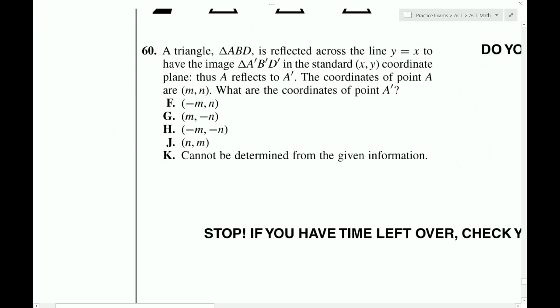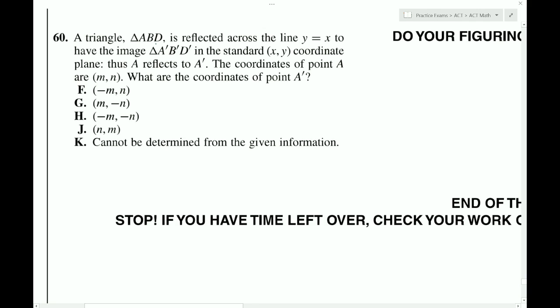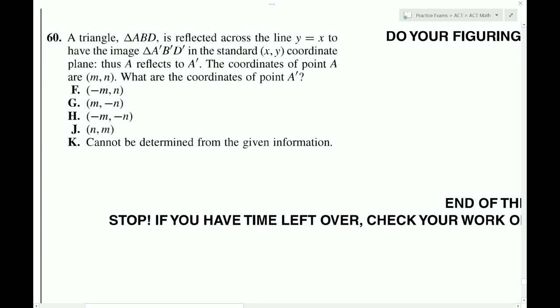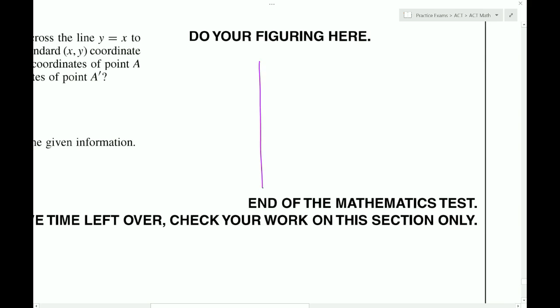Alright, last question. A triangle ABD is reflected across the line y equals x to have this image. What are the coordinates? Okay. So we have to find the transformation rule for when we transform by reflecting in the line y equals x. Okay. So let's take a point which has an x coordinate of 1 and a y coordinate of 10.